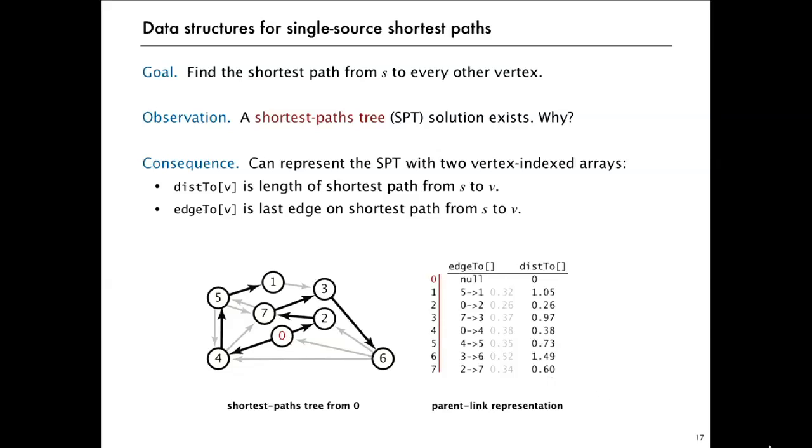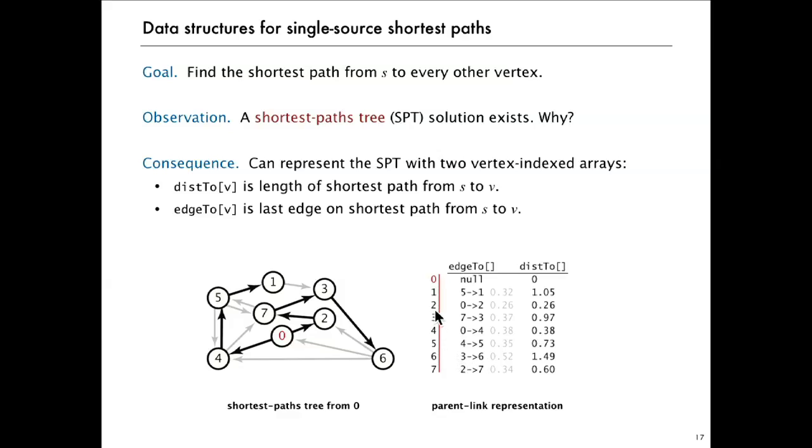And so forth. And then the other thing, as we've done before, is to use a parent link representation where edgeTo[v] is the last edge that takes us to v. By following back through that array, we can get the path, as we've done several times before. If we want the path from 0 to 6, we go to edgeTo[6] and it says the last thing we do is 3 to 6.